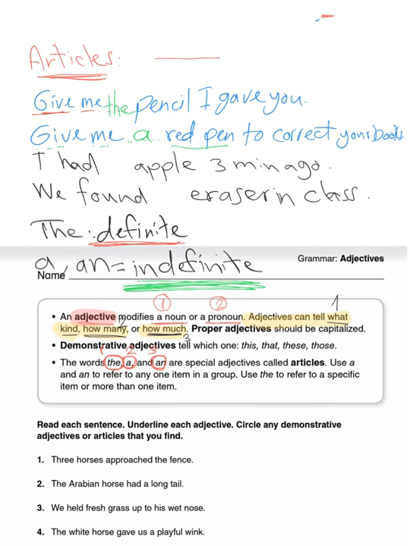Now you may say, we got the idea that we use the with definite and a or an with indefinite. But the question is when to use a and when to use an. Super easy and important question. Easily, we use an with nouns that start with a vowel.